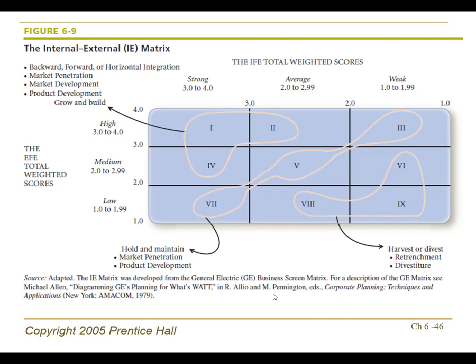So that would be your strategy. Otherwise, if your organization lies in the group of boxes 1, 2, or 4, you must go for market penetration, market development, and product development, because this is the stage where you grow and build.